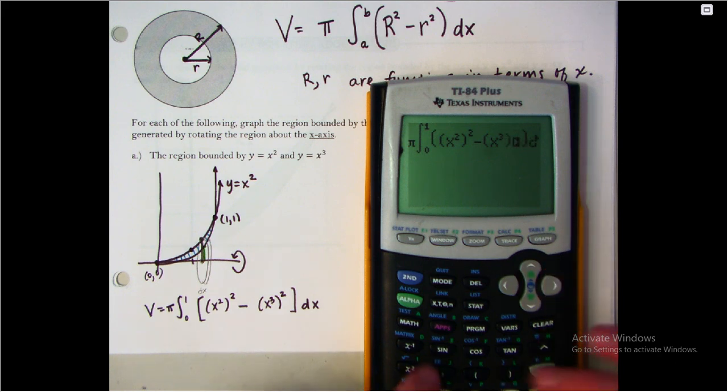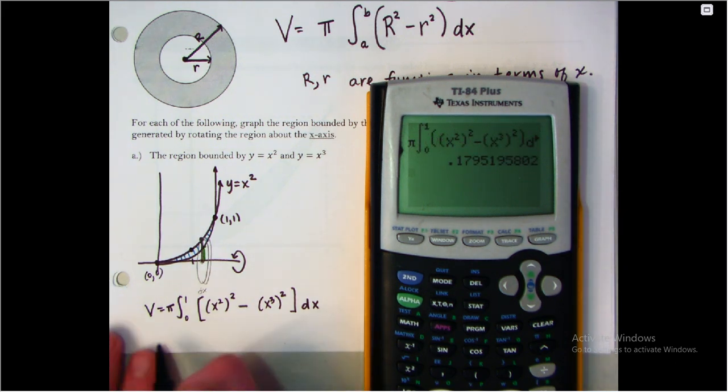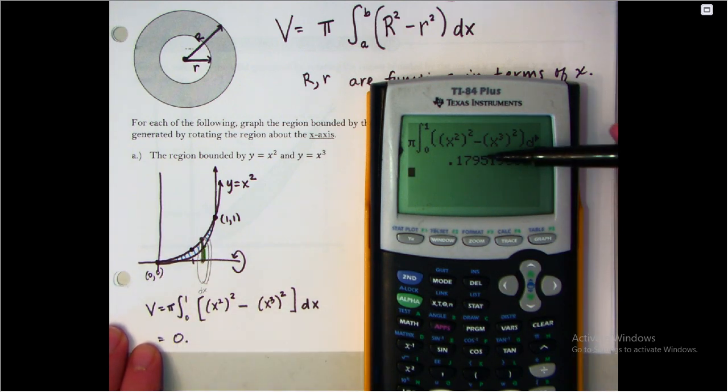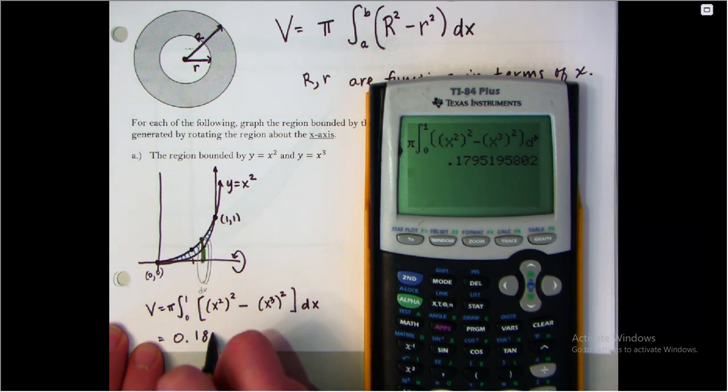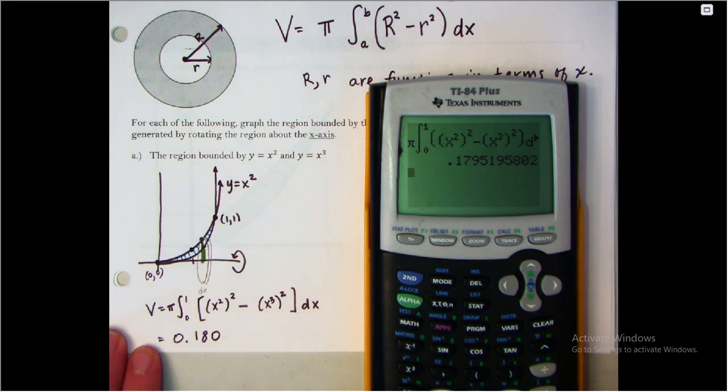So that's a little tip so that you don't make unforced errors. So you can see that I have it typed in, and my solution comes out to be 0.179 or 0.180 if you round it.